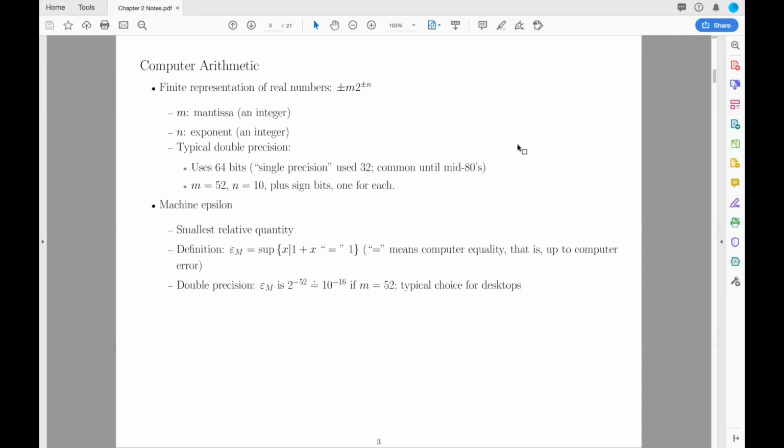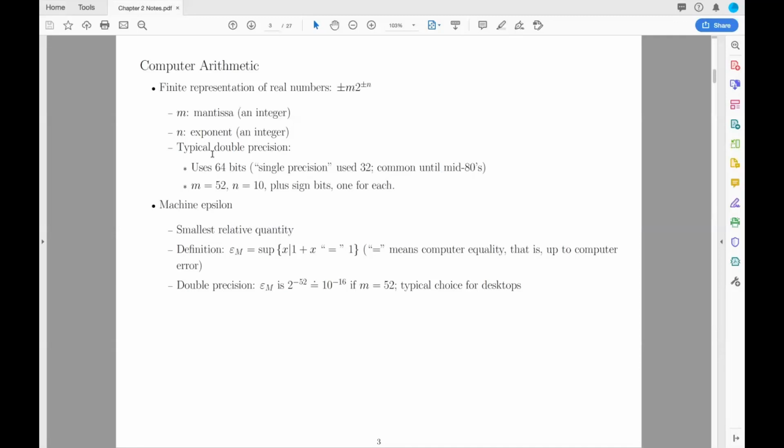Now, the standard representation of real numbers in computers is, as I express here, you first have a plus or minus sign, and then m is the mantissa, which is an integer, and then a plus or minus sign with an integer, and that's the exponent. Now, typically today, computers have double precision processors.